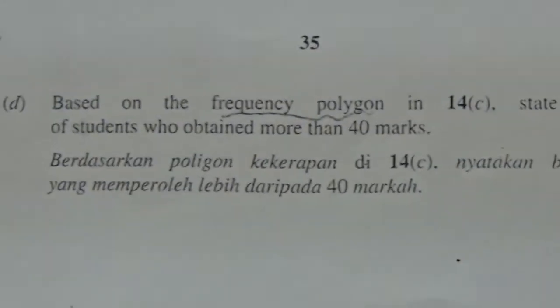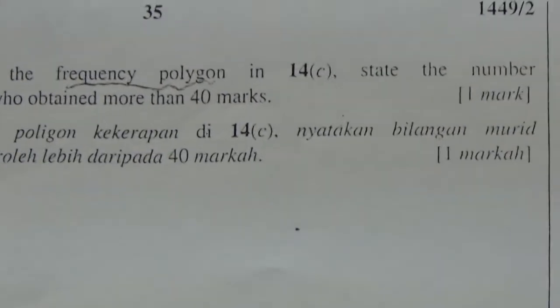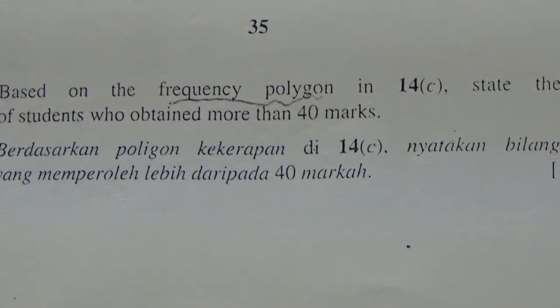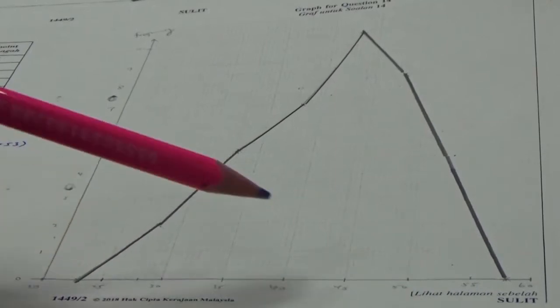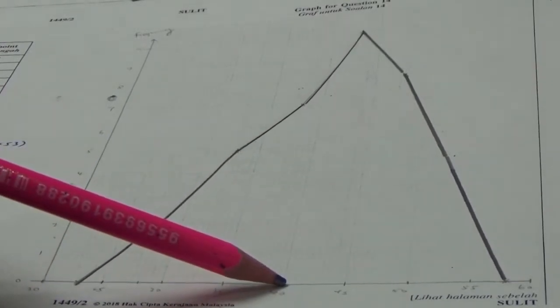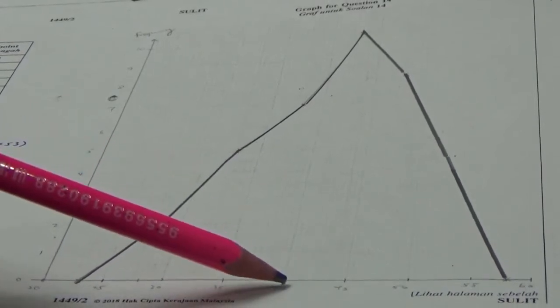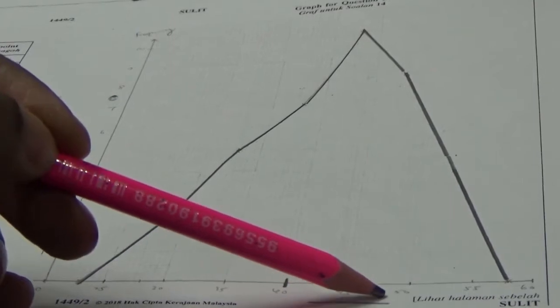And the last question for 14 is question 14d. Based on the frequency polygon in 14c, state the number of students who obtain more than 40 marks. Go back to your graph and go to your x-axis, go to 40. So this is 40. They want to know how many students actually got more than 40 marks.